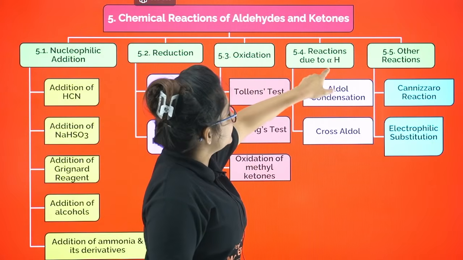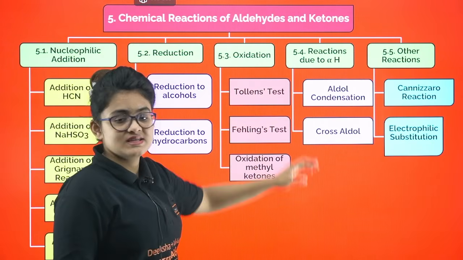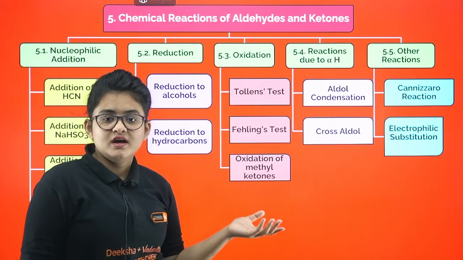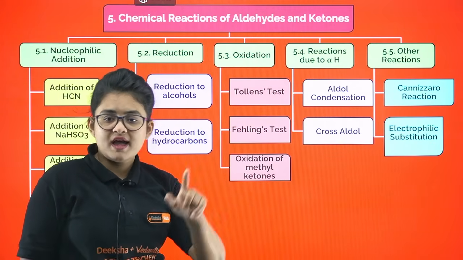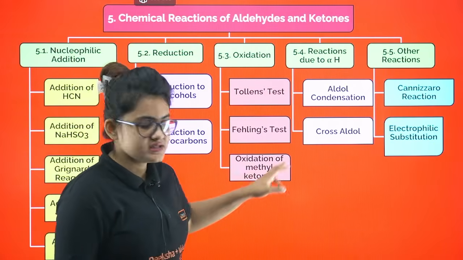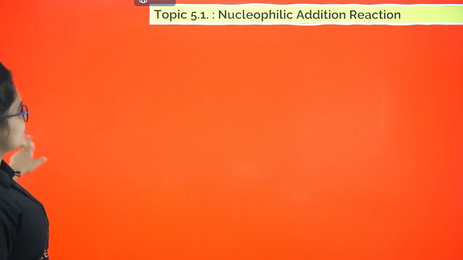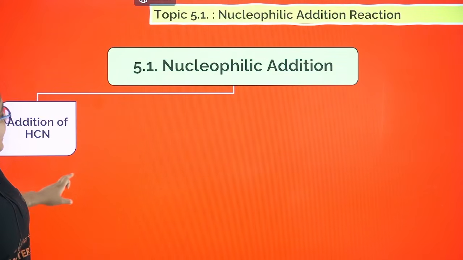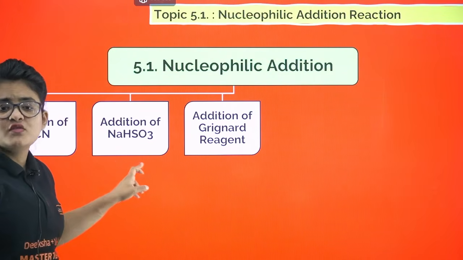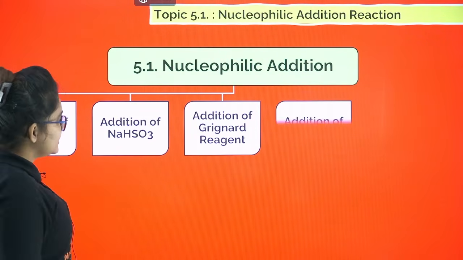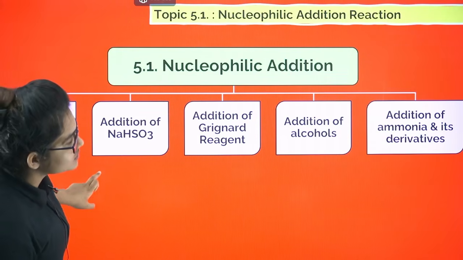Reaction due to alpha hydrogen is basically aldol condensation, and we will proceed with the cross-aldol. Among other reactions we will study Cannizzaro and some electrophilic substitution. First let's proceed with nucleophilic addition. A lot of reactions are there. Addition of HCN, very important. Addition of NaHSO3, very important. Grignard also. Addition of alcohols and ammonia.